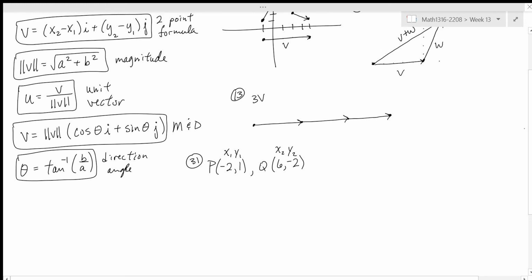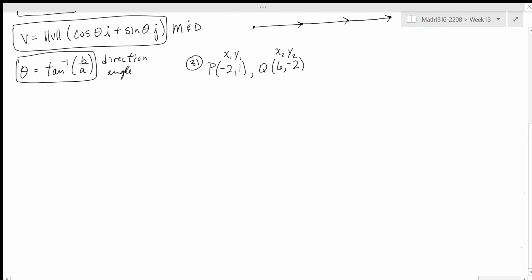And can everybody see what formula has to be applied here? And do you see why I called it the 2-point formula? You got to have 2 points to use it. So if you're given the initial point and the terminal point, and you're looking for the vector, that's the formula you want to use.